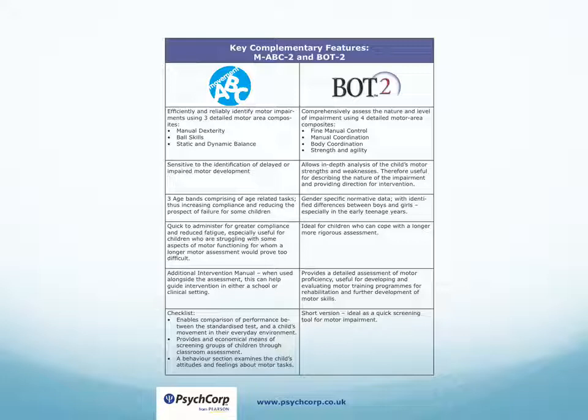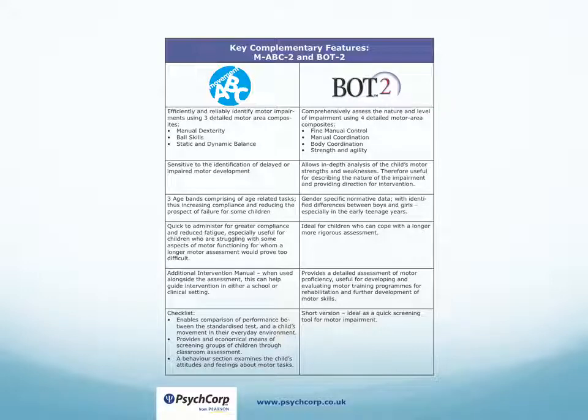This slide shows the key complementary features between the Movement ABC2 and the BOT2. This was produced by Pearson, or now PsychCorp, which is an objective overview of both assessments. It's not trying to sell you one over the other, it's really just a comparison between the two.